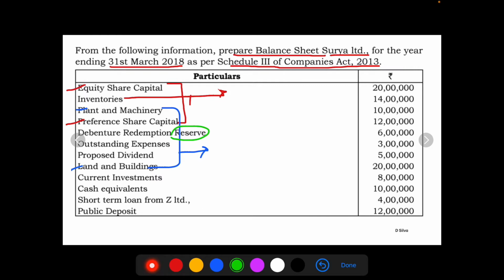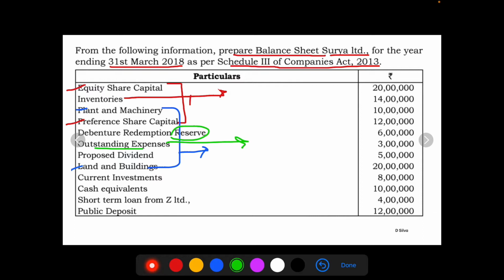Outstanding expenses. Now students, you know different forms of expenses which are not yet being paid and which is due. So therefore it is the obligation of the business to be paid off in future. So expenses can be in the form of outstanding wages, rent, salaries and so on. So this makes up our current liability under the heading what we call it as other current liabilities.